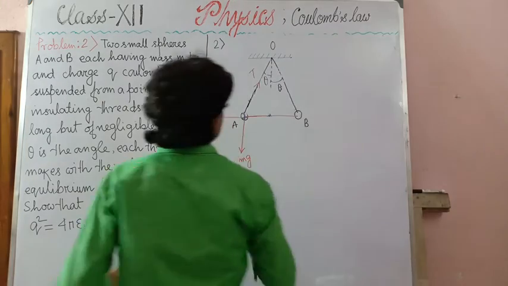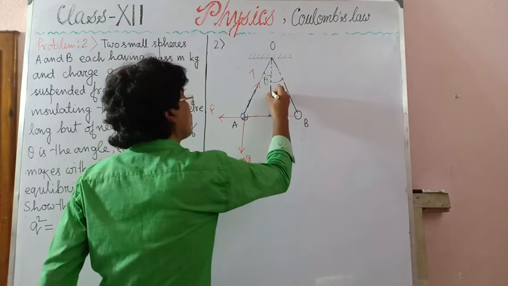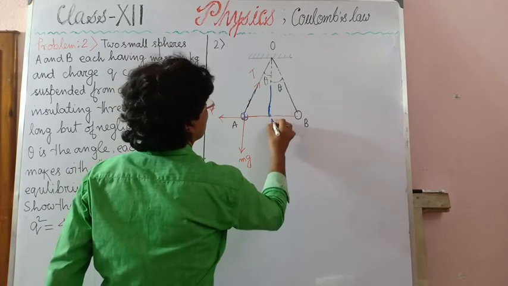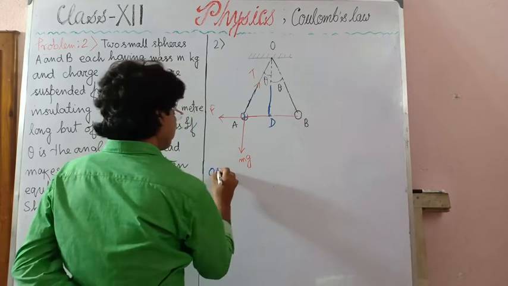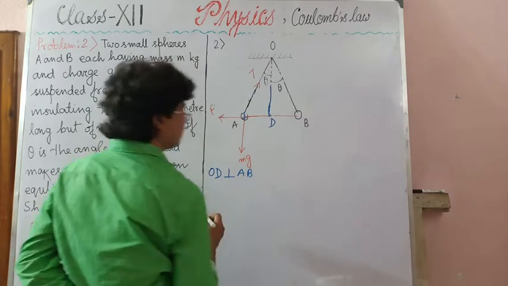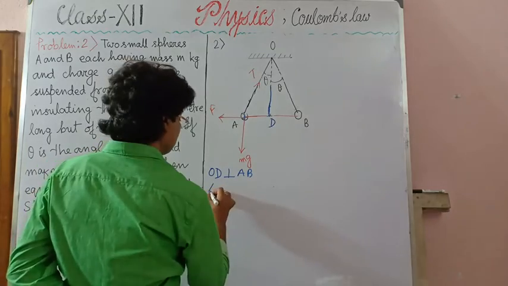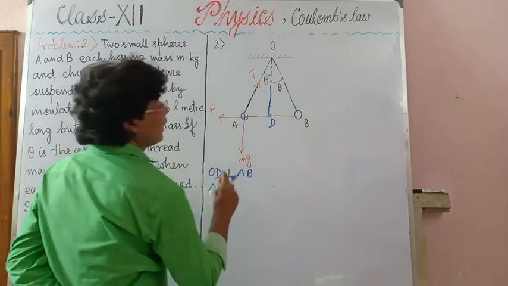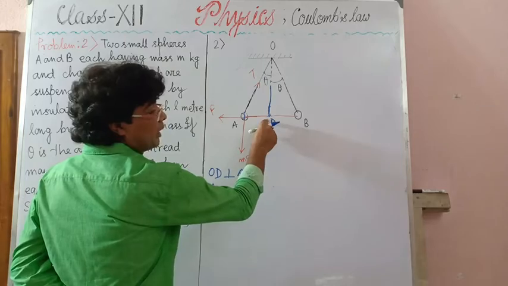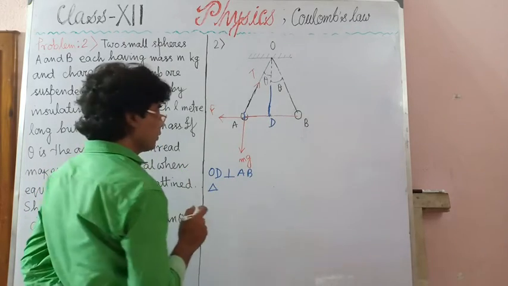Now let's draw OD perpendicular to AB. Now it is clear from the figure that D will be the midpoint of AB.